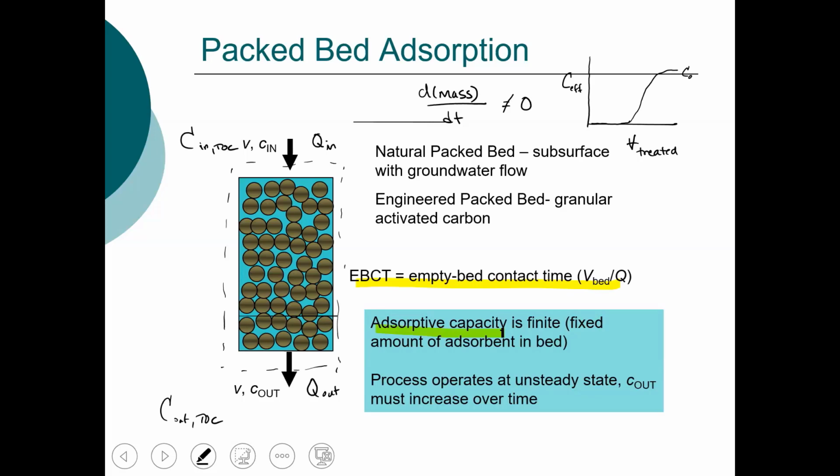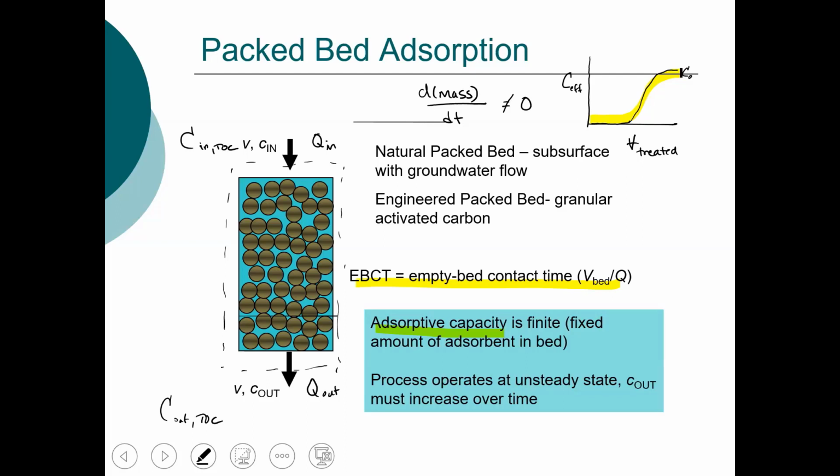There's a fixed amount of adsorbent in the bed. And that's why when we plot the effluent concentration versus time, it initially will be very, very low, but will increase over time to reach C0.